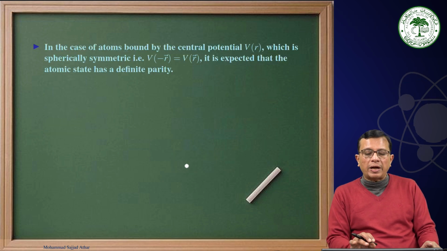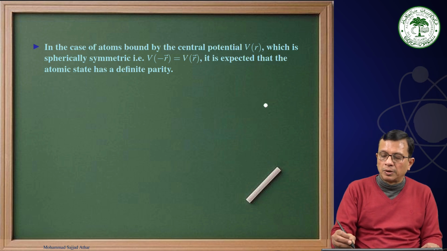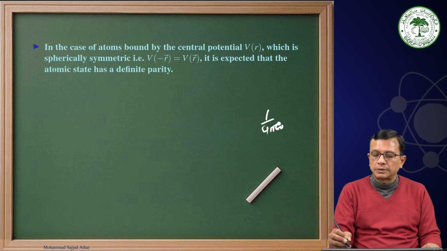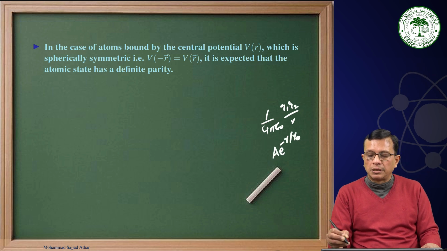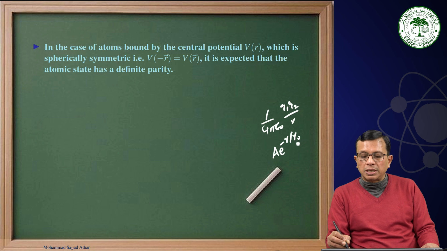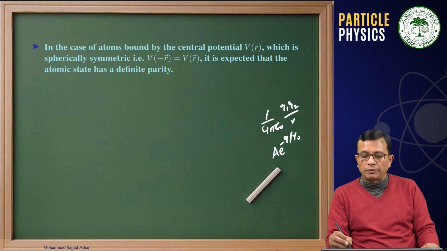Now, in the case of atoms bound by the central potential V(r), what are the central potentials? For example, if I am talking about the Coulombic potential, Q1 Q2 by r. If I am talking about some exponential potential, where r0 is a constant which has the dimension of distance, because we have to take the exponential of a scalar quantity.